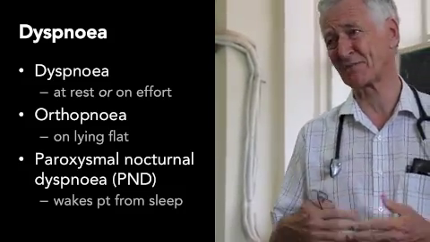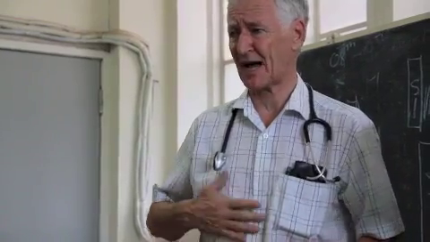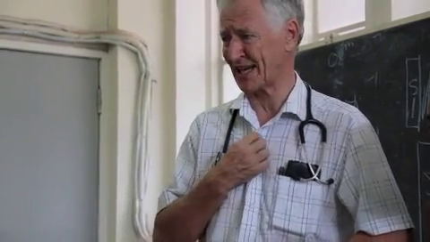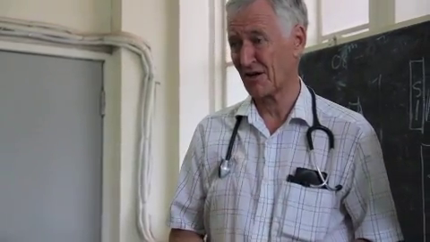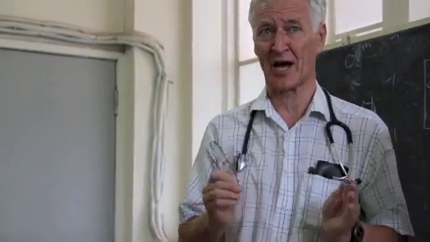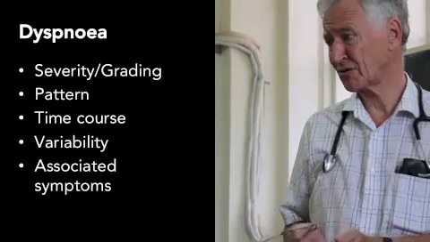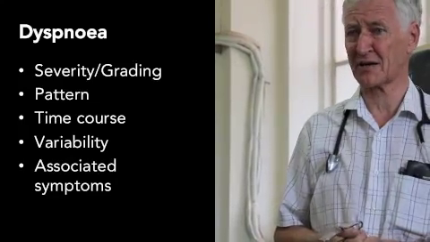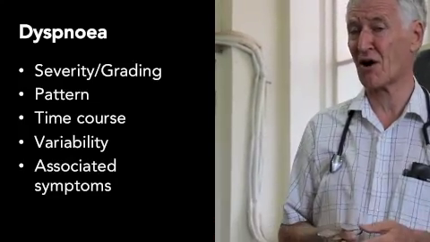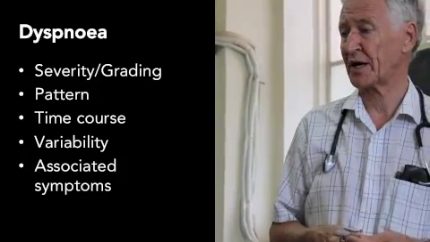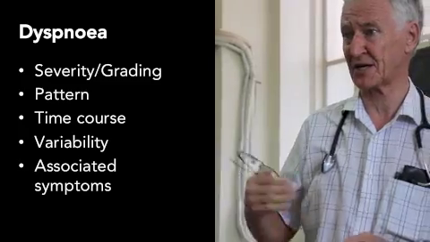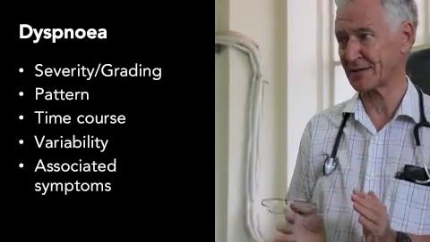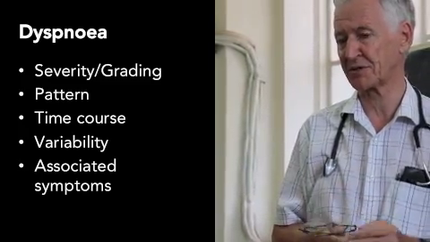And you may have to use something practical, like I am short of breath when I'm doing the activities of daily living, like dressing myself, feeding myself, or I'm short of breath when I walk a certain distance, and you can grade the distance, or I'm short of breath when I do more exercise than walking, like running or going upstairs. In other words, grade it, and that's important.